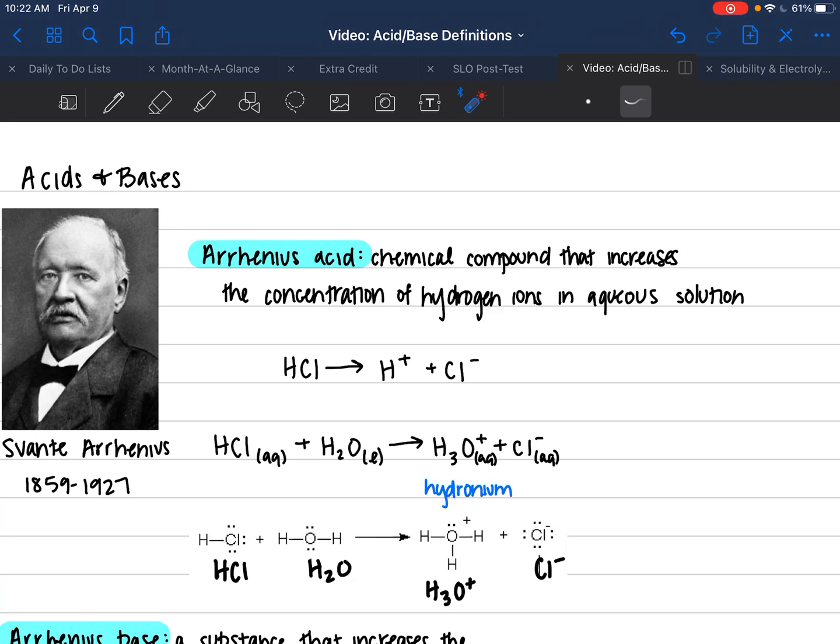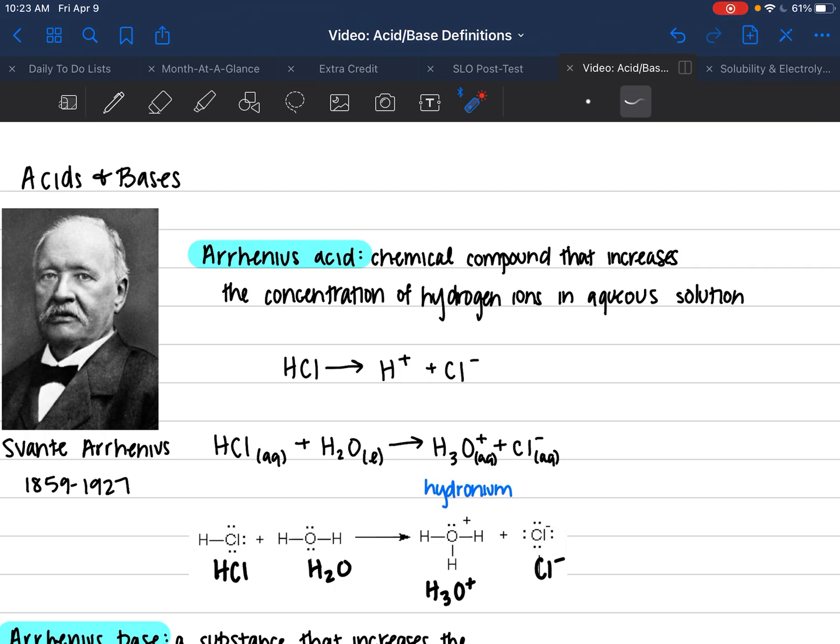So I've actually put in a picture here to break it down for you. If you look on the left, when it's hydrochloric acid, it is sharing those electron pairs between hydrogen and chlorine. But when it breaks apart, that hydrogen, which is now again just a proton, it no longer has its electron, has attached to H2O to form this H3O+.